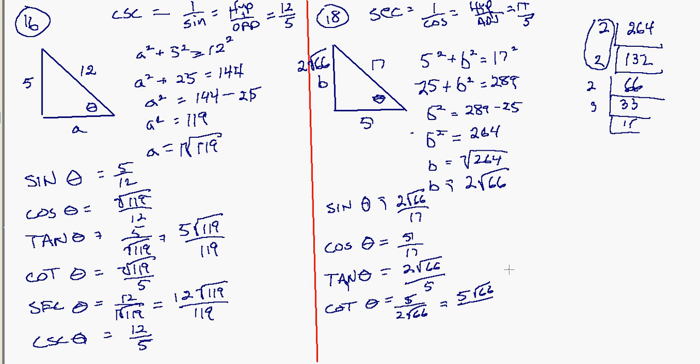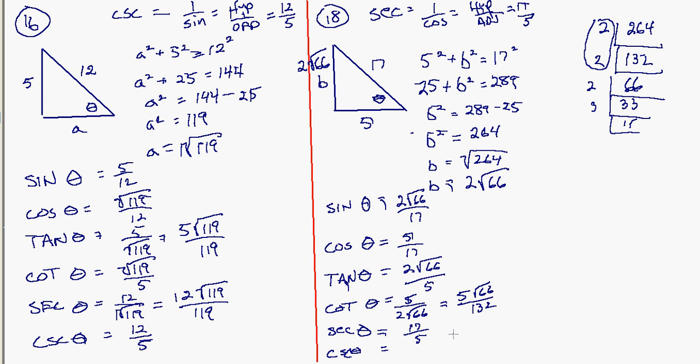Then we have secant of theta, which is going to be 1 over cosine, so that's 17 over 5. And finally I have cosecant of theta, which is the reciprocal of sine, so that's hypotenuse over opposite, so that's 17 over 2 square root of 66.